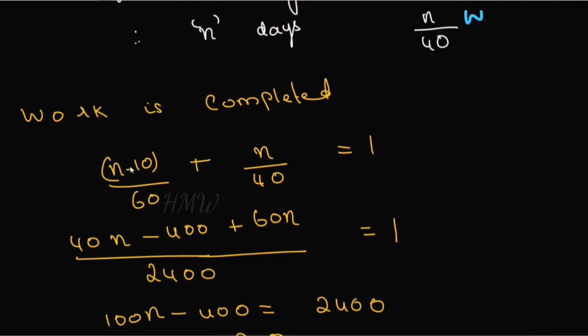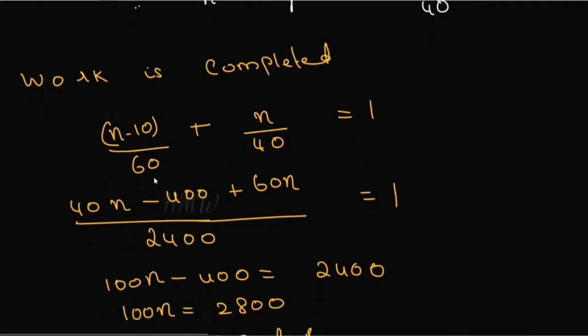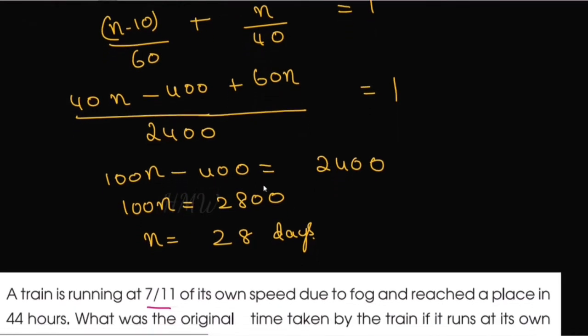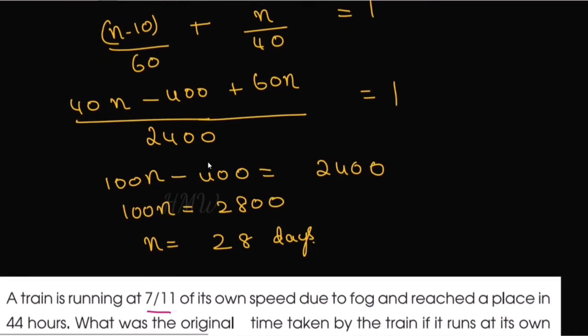Take the LCM: 40n minus 400 plus cross multiply 60n, by 2400 is equal to 1. So 40 plus 60, 100n minus 400 is 2400. So 100n is equal to 2400 plus 400, that is 2800. So n is equal to 28 days.